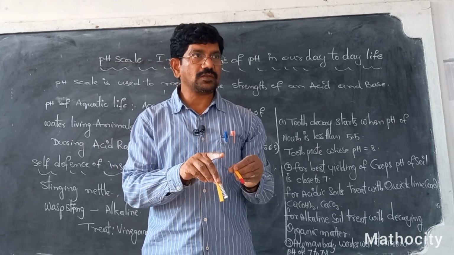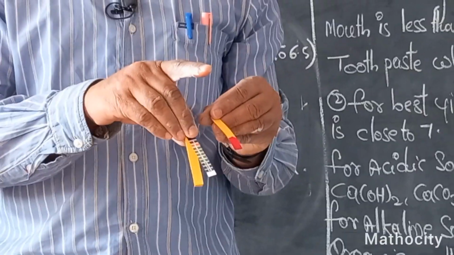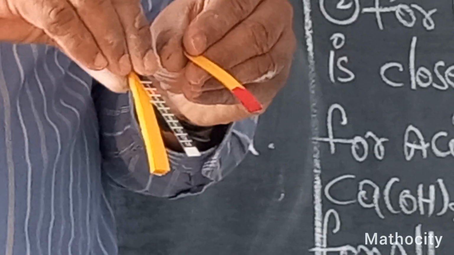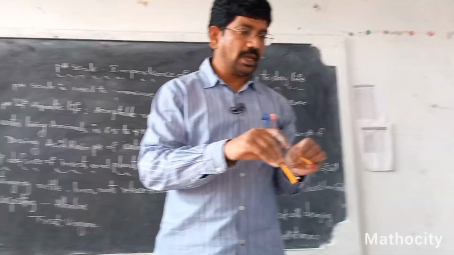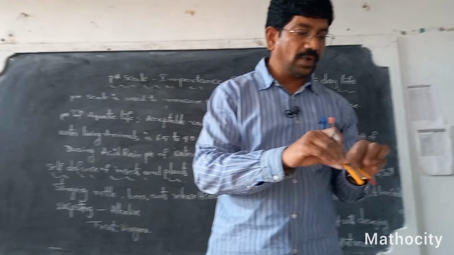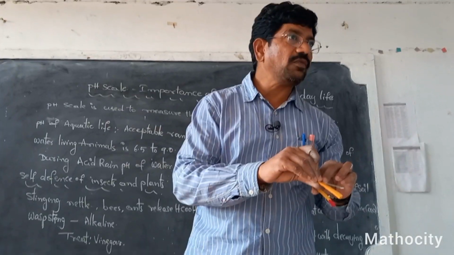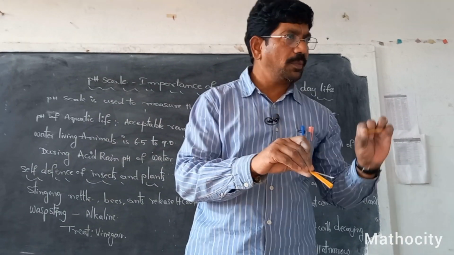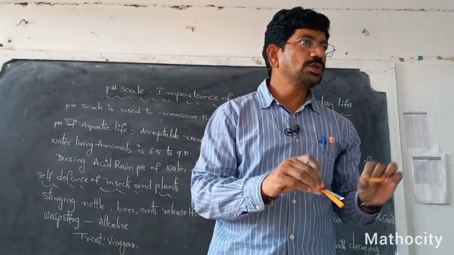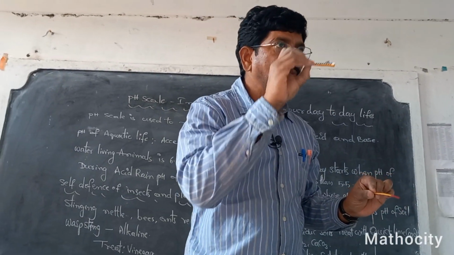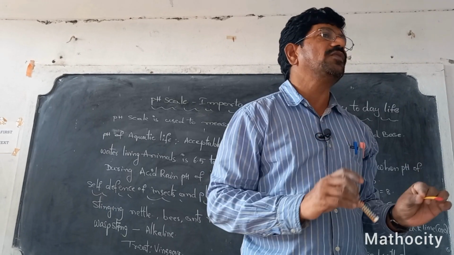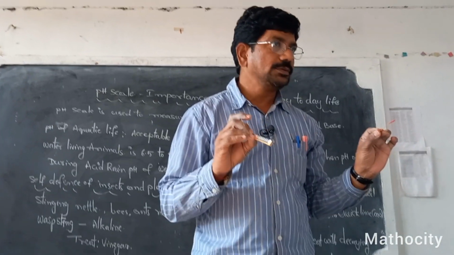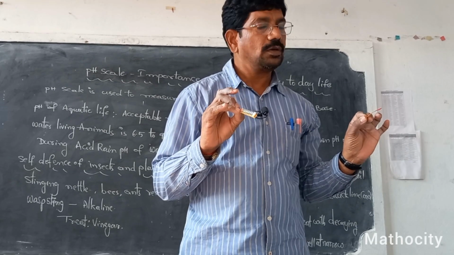To which color is it very near? What is the color? It is red, I think. Am I correct? So its pH might be in between 1 and 3, maybe 2. Are you clear about that? So with the help of this universal pH paper, we can know the approximate pH of the given solution. Are you clear? Do you understand the concept? Okay, right. Thank you.